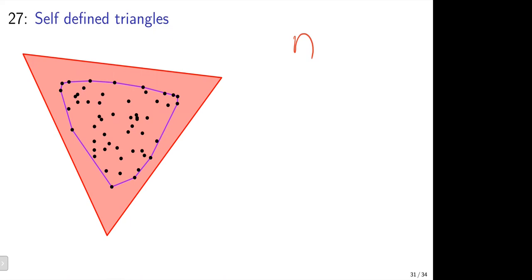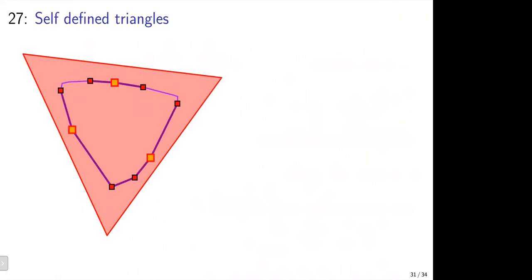And the trick is, you look at the convex hull of the points inside the triangle, and you take the vertices that are closest to the edges. By closest, I mean you look at the normal direction, right? So you take the 3 extreme vertices, and then you take the adjacent vertices on the convex hull, so you get 9 vertices.